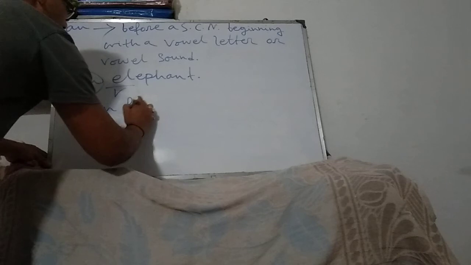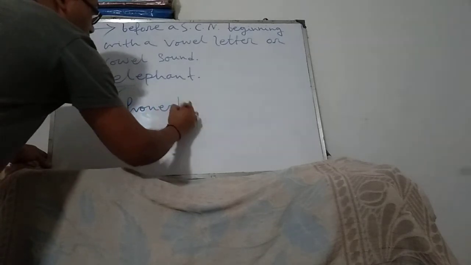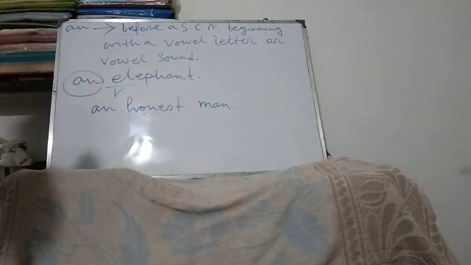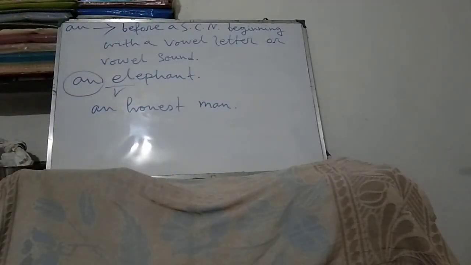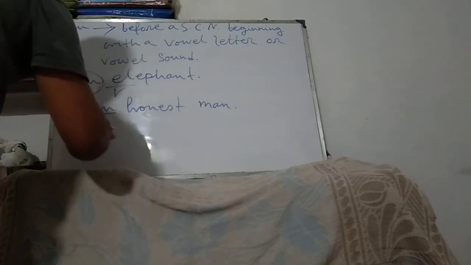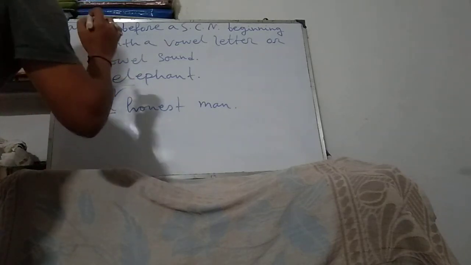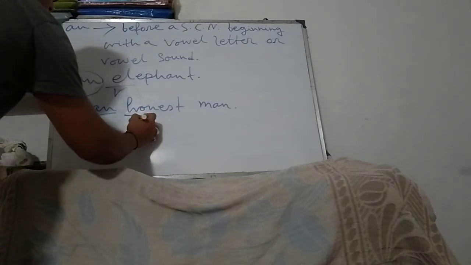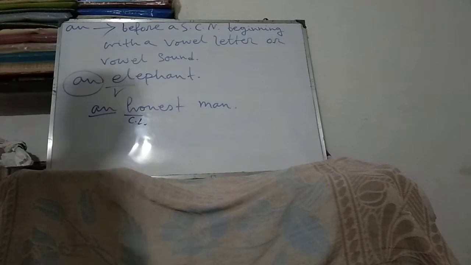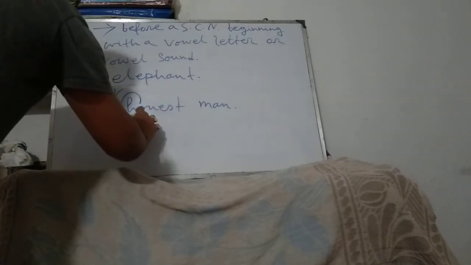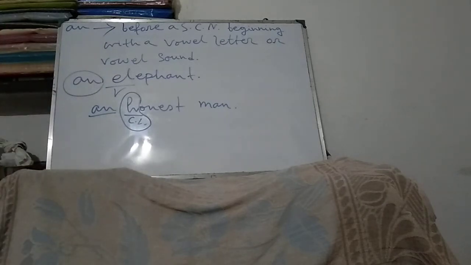An honest man. Here look, an is used before a consonant letter, because this consonant letter H is not pronounced.